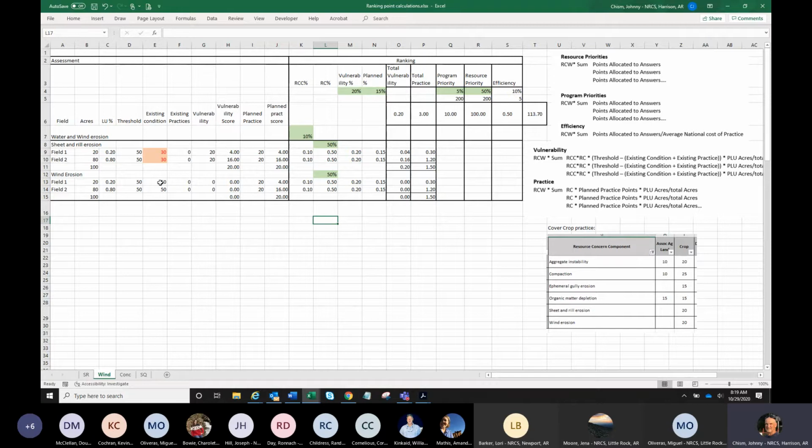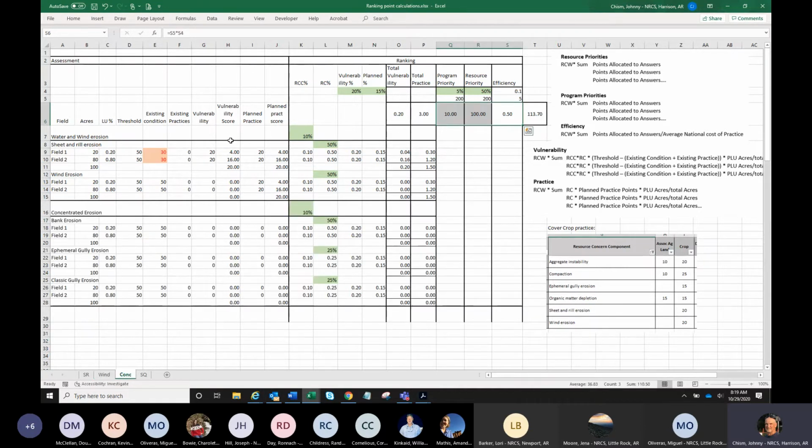Now, of course, if there was a wind erosion problem here, then he would get more vulnerability points, but the practice points are not going to change. So we see that those make a big difference there. And also, let's go a little further. Let's say, for instance, we also assess concentrated erosion.